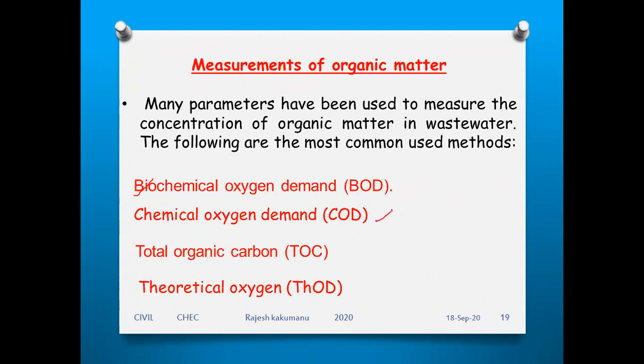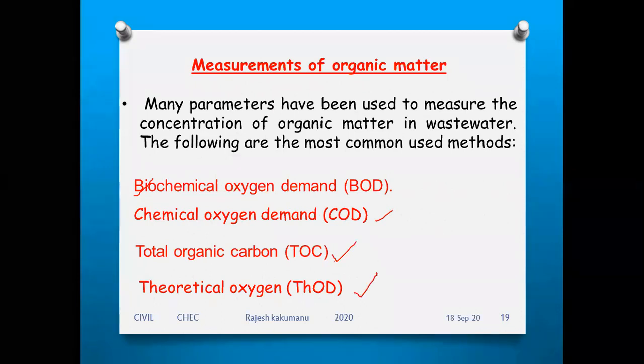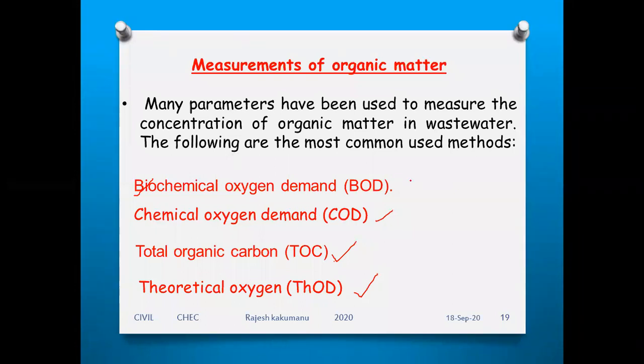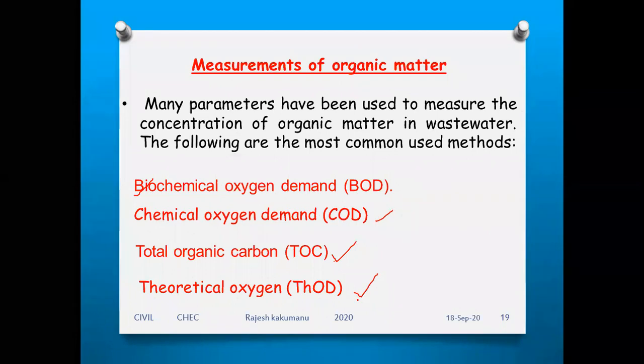The second one is the chemical oxygen demand, that is COD. Next one is total organic carbon, TOC. Next one is the theoretical oxygen demand, that is THOD. These are the four parameters where you are checking the concentration of organic matter in the sewage water, right? BOD, COD, TOC and THOD.